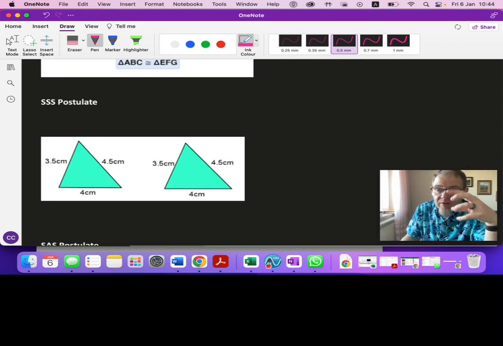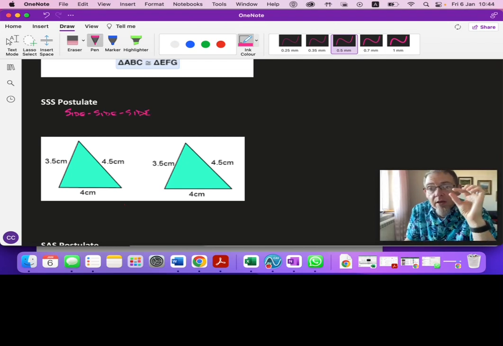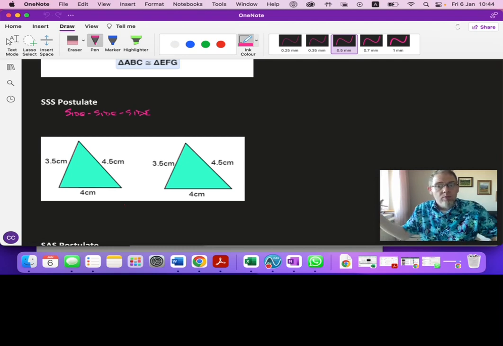First and foremost is the side postulate. That's what SSS means: side, side, side. What that means is if each of the corresponding sides of a triangle are congruent, then the triangles have to be congruent. It means that we're locked in. If all the sides are the same, all the angles are the same, we're done.